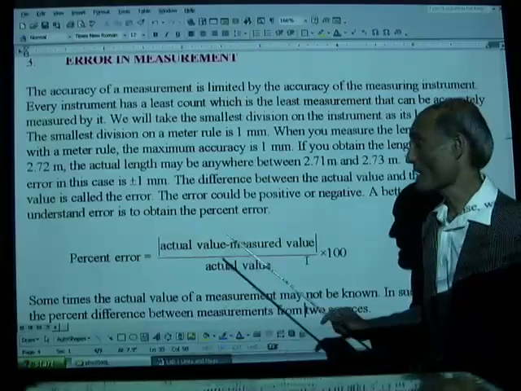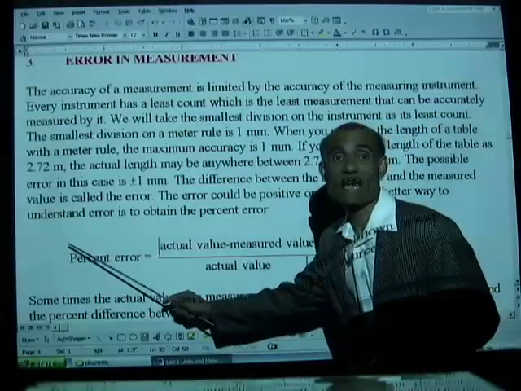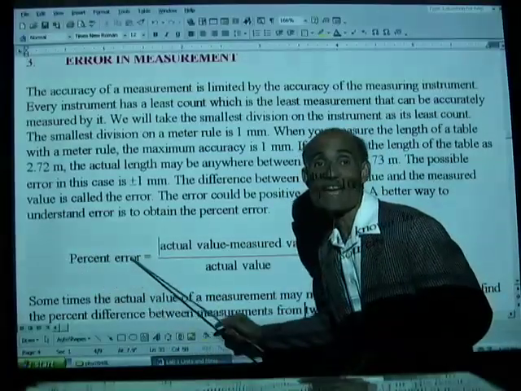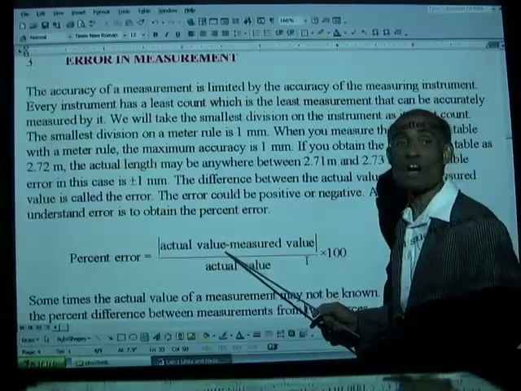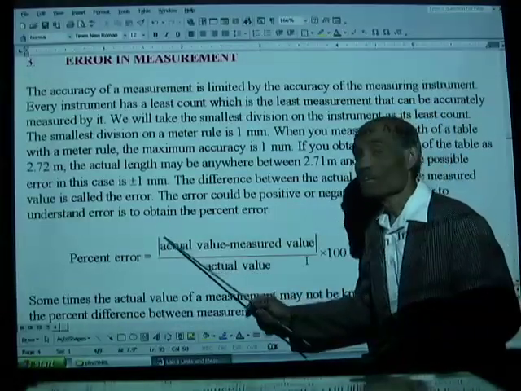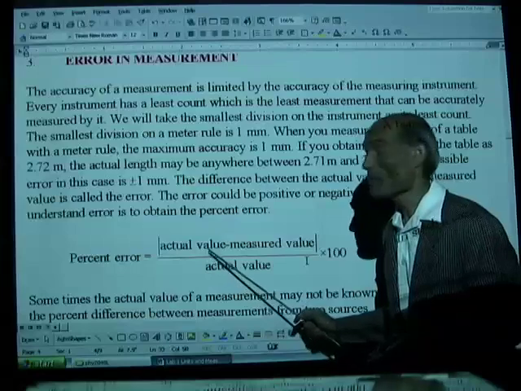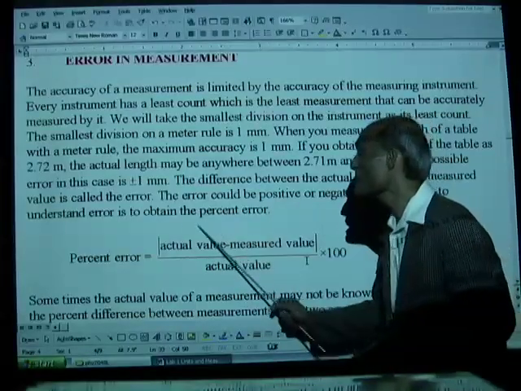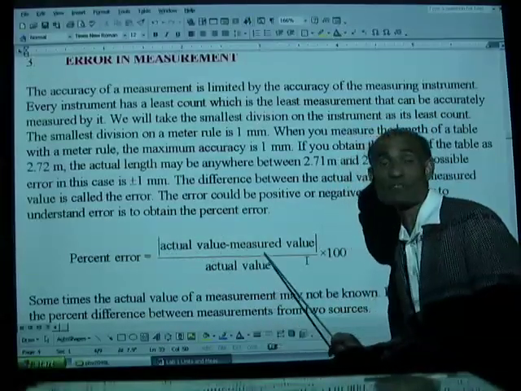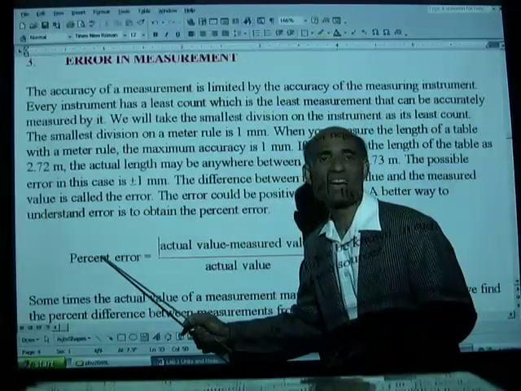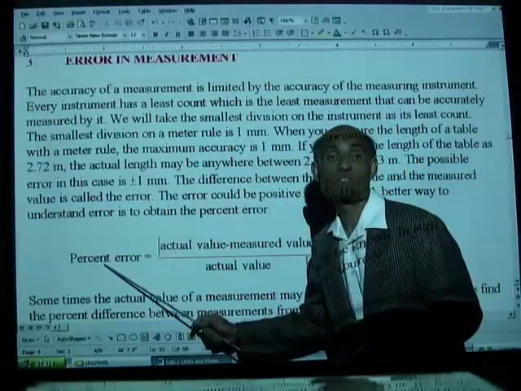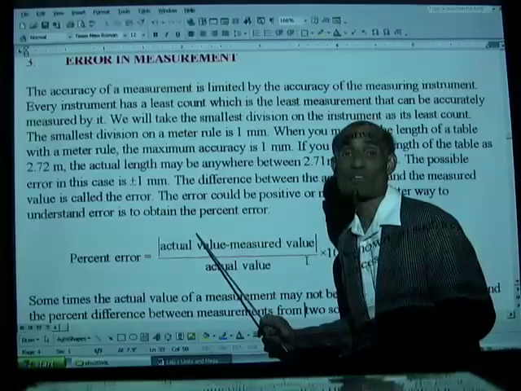Very often, I will be asking you to obtain the percent error in your calculation. Now, this is the definition of percent error. The actual value minus the measured value, the absolute value of it. In other words, I don't want a percent error that is negative. The percent error will always be positive.